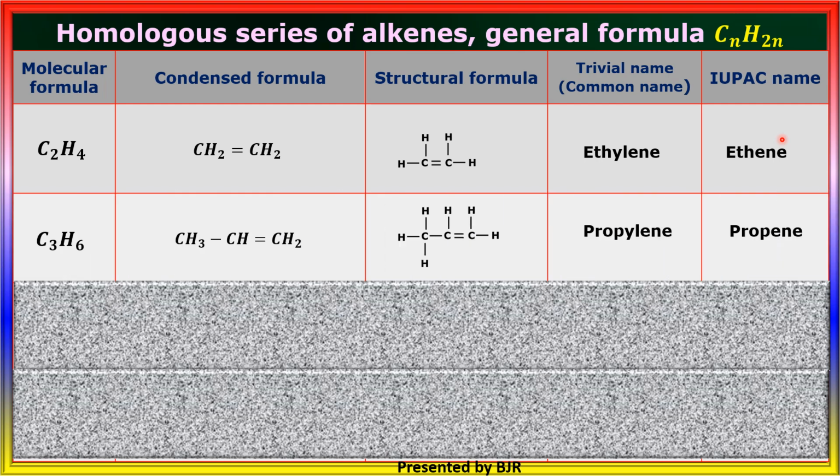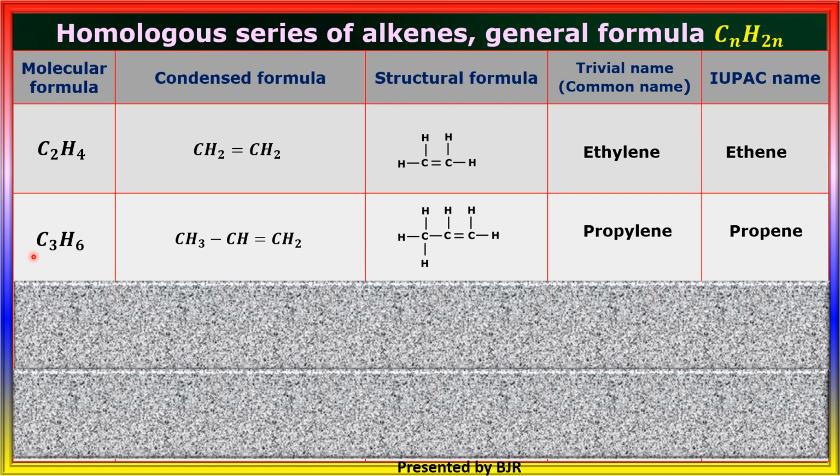The next member of this alkene series is C3H6. So there is CH2 difference between these two molecular formulas. That's why they are forming homologous series.